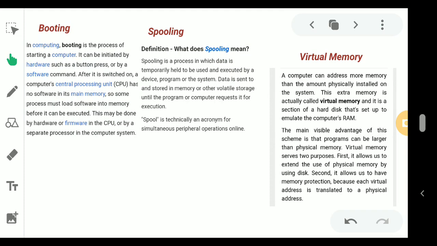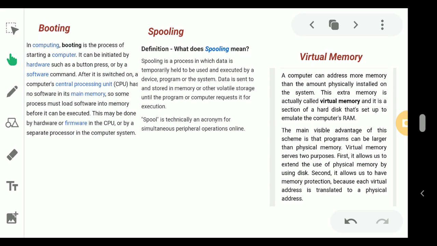Or they can directly ask what is booting, what is cold booting, what is warm booting, or to differentiate between cold booting and warm booting. This type of question comes from the topic of booting.